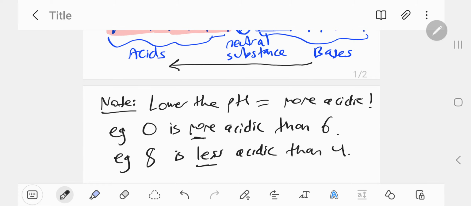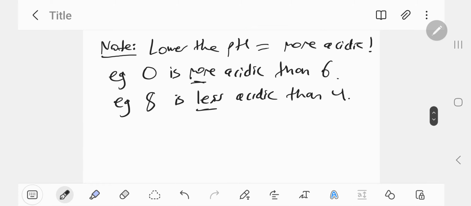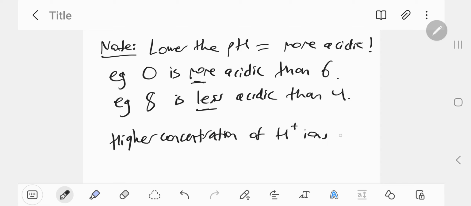And that's the idea. To put it another way, the higher concentration of hydrogen ions in a substance results in the substance being more acidic and the pH is lower, and vice versa.